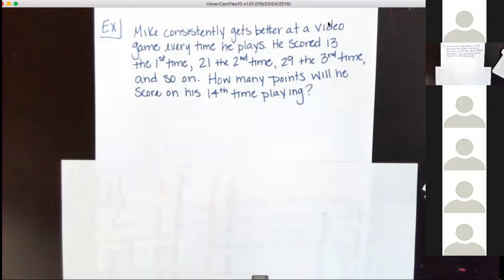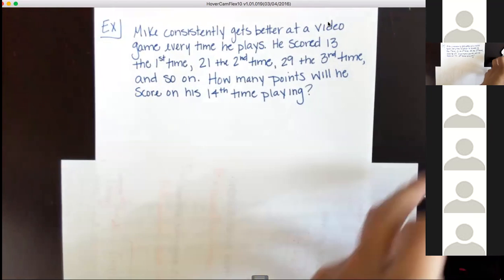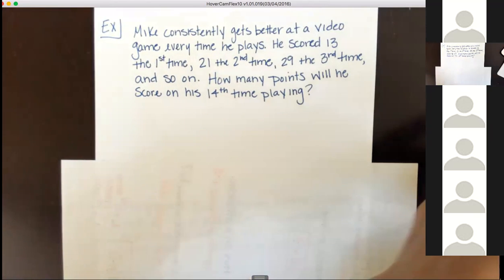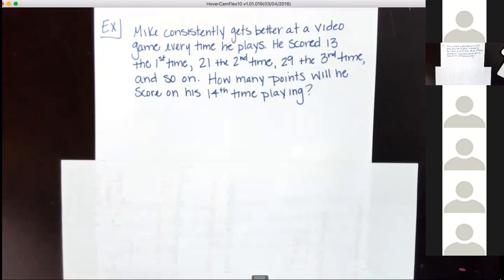And here's that video game that we were talking about. Mike consistently gets better at a video game every time he plays. He scored 13 the first time, a 21 the second time, a 29 the third time, and so on. How many points will he score his 14th time playing?